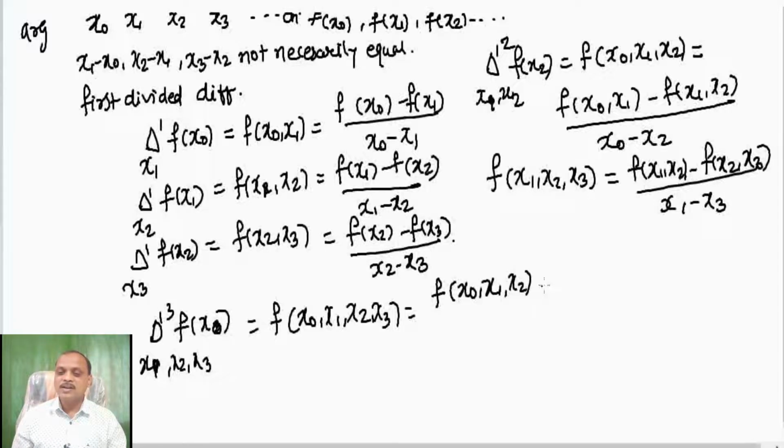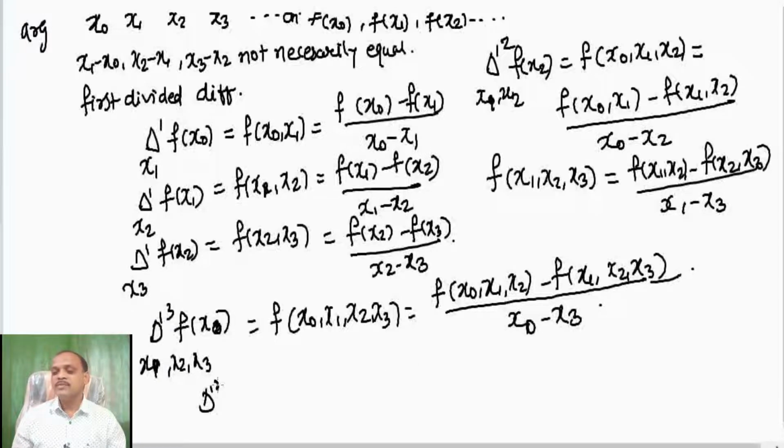So it is f of x0, x1, x2 minus f of x1, x2, x3, divided by x0 minus x3.